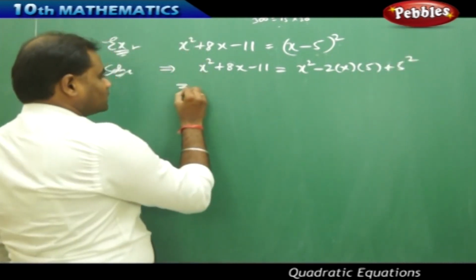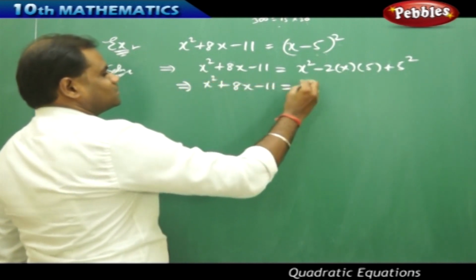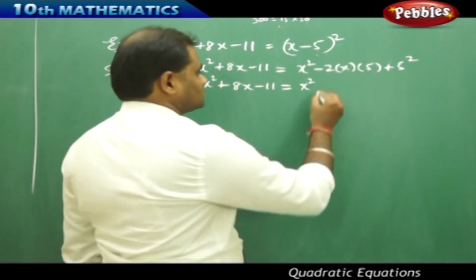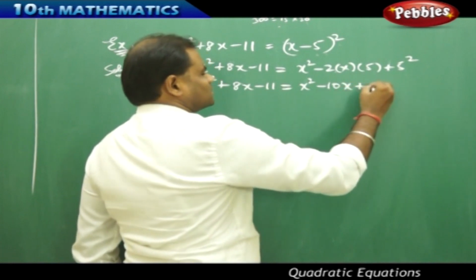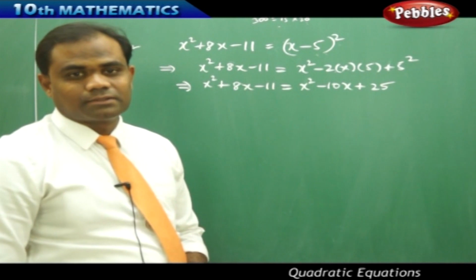To simplify further, I have this as x squared plus 8x minus 11 equals x squared, then 2 times 5, which is 10, so minus 10x plus 5 squared, which is 25, is what we get.